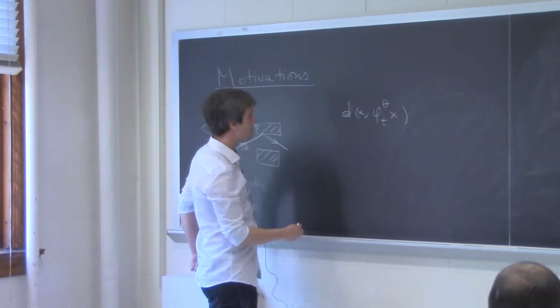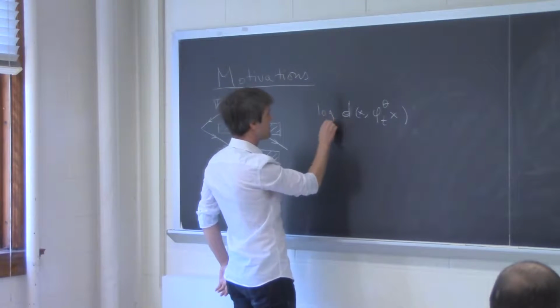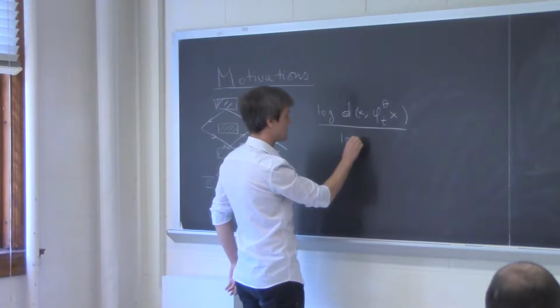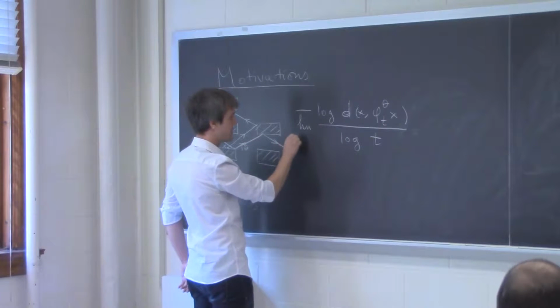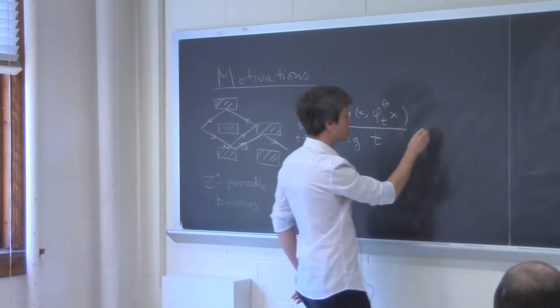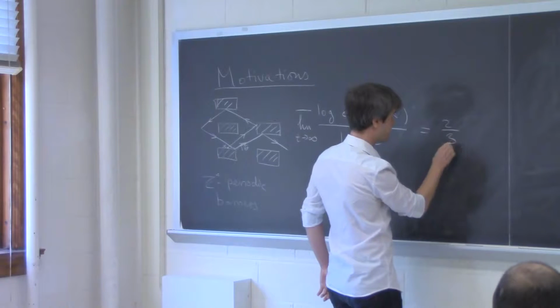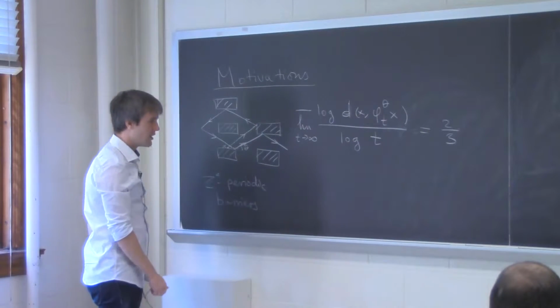So that's a typical diffusion rate. But what turns out to be the case is that if you normalize it like this, and then take the lim sup as t goes to infinity, then this actually approaches 2/3.